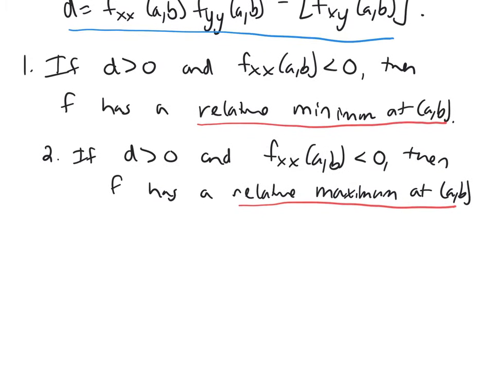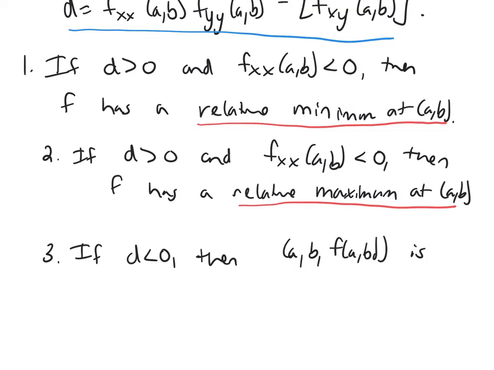The third condition says if D is less than 0, then the point (a, b), f(a, b), is a saddle point.